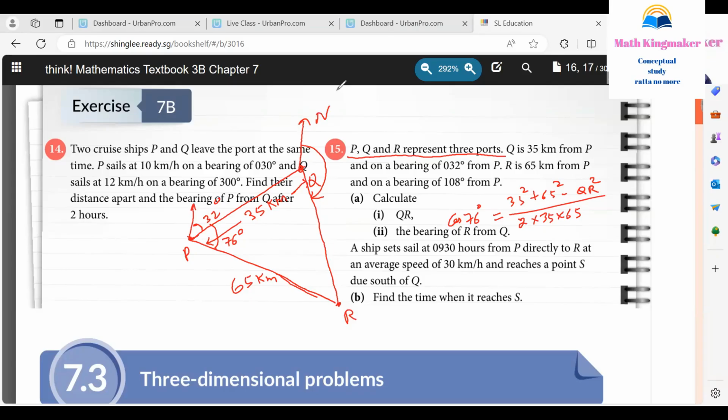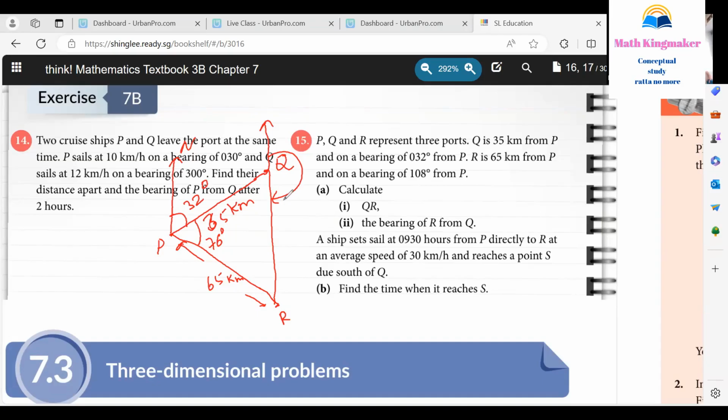And the third one we'll see after doing this. So something is going wrong with the cos formula.